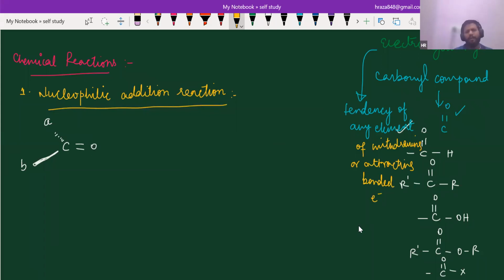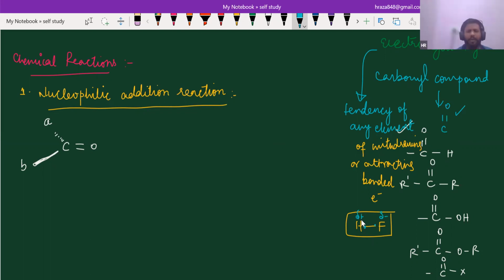If there is a covalent bond in any molecule like this, you can see this fluorine is highly electronegative. That means the hydrogen electron will be attracted or slightly displaced towards fluorine. So it will have delta negative, and this will have delta positive.